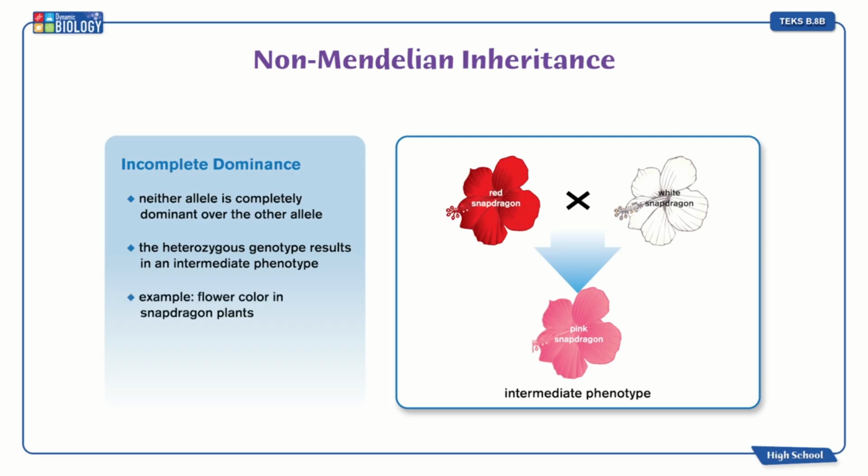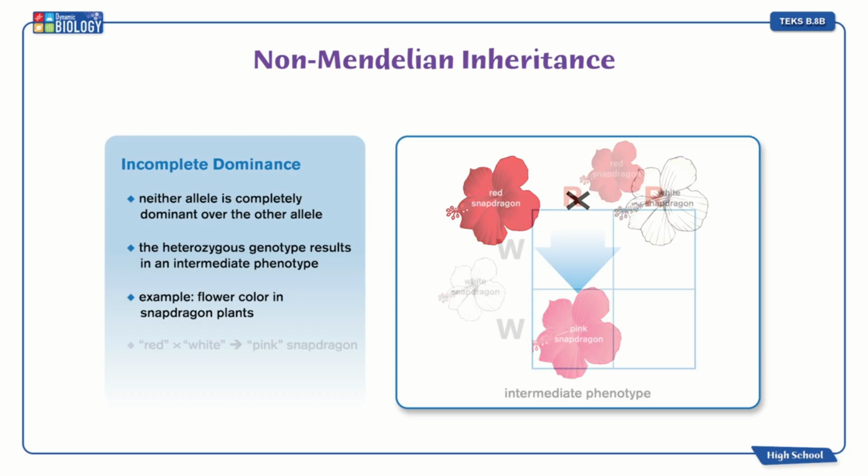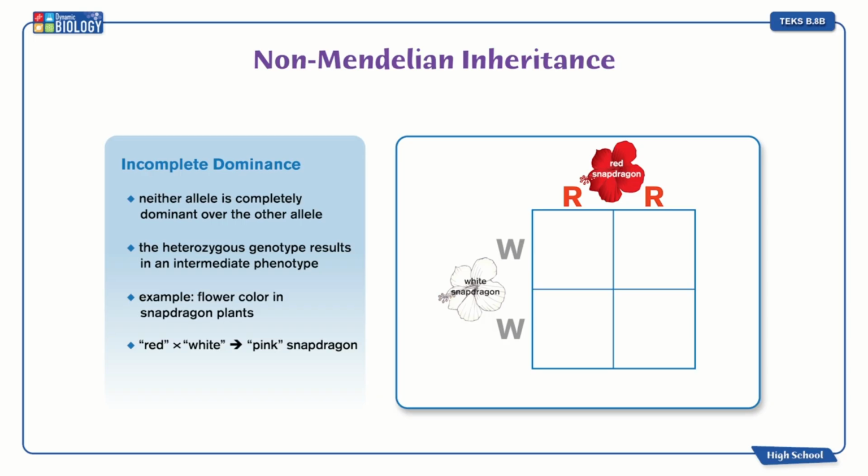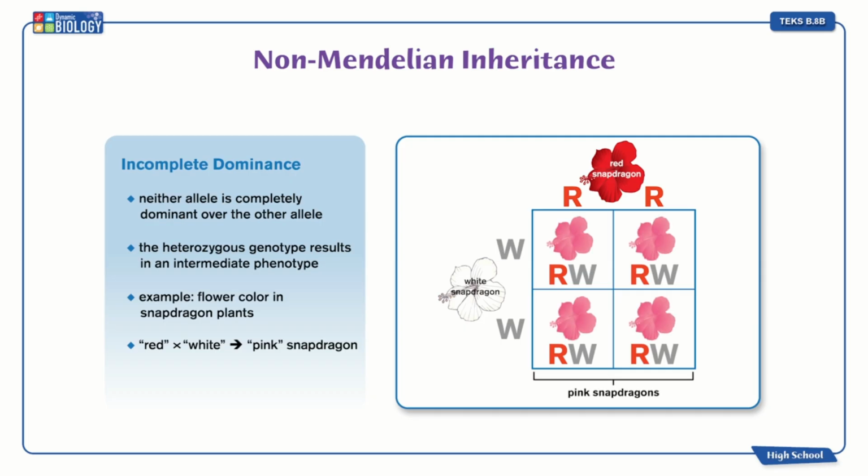Flower color in snapdragon plants follows the incomplete dominance pattern of inheritance. A cross between a red snapdragon and a white snapdragon does not produce red or white snapdragons. It produces pink snapdragons. The pink color is a blend of red and white. It is an intermediate phenotype.